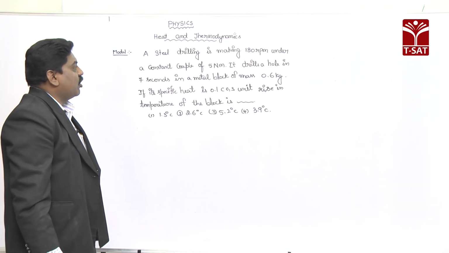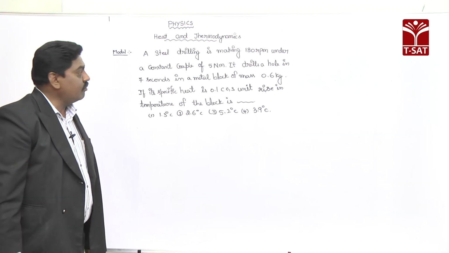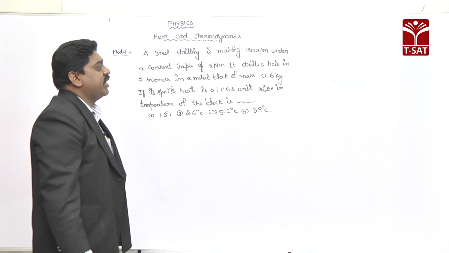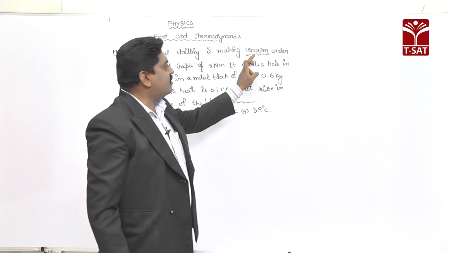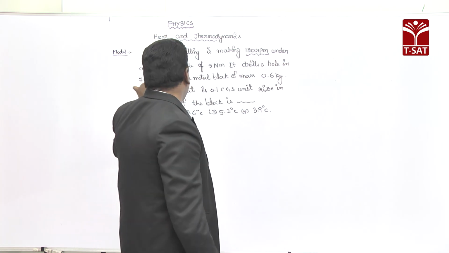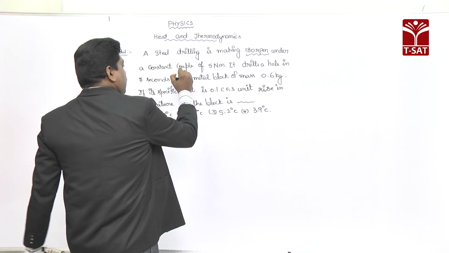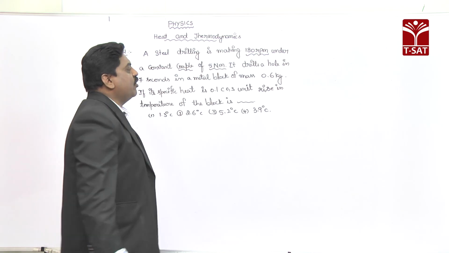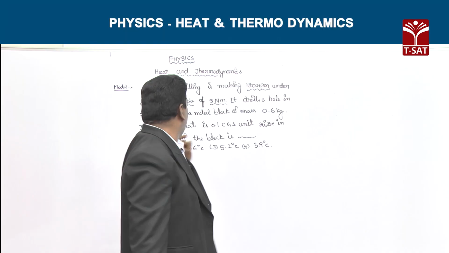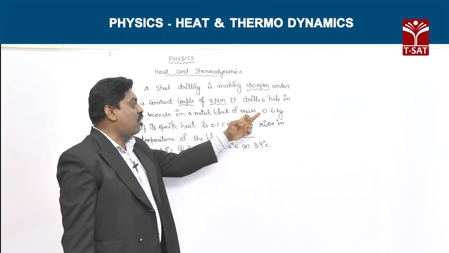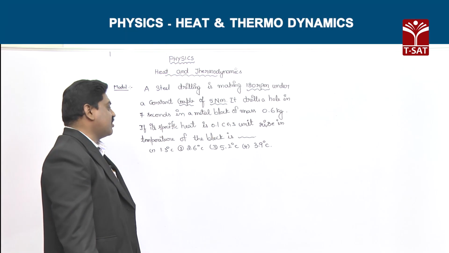Now let us see another model here. A steel drilling is making 180 RPM, here RPM means rotations per minute, under a constant couple of 5 Newton meter, here couple is given for us. It drills a hole in 7 seconds in a metal block of mass 0.6 kg.